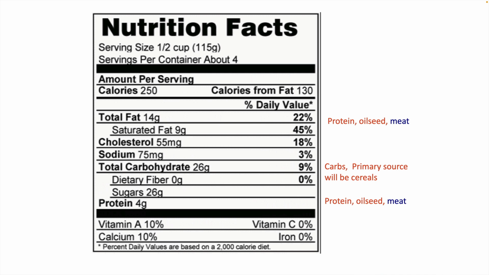Meat also serves in this need, as well as dairy, or butter from dairy. Our carbs come primarily from cereals, bread, potatoes, corn-based products, and our proteins come from, again, oil seeds and meat.